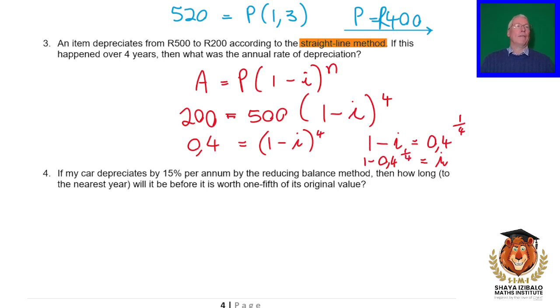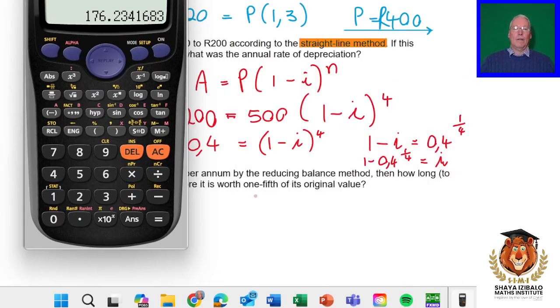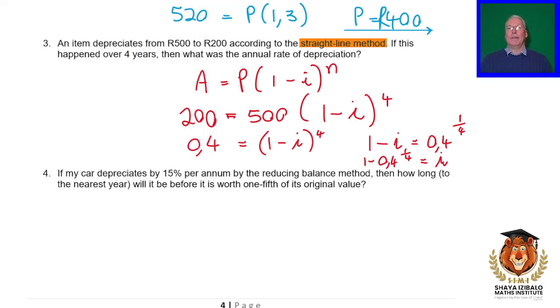Okay, let's work that out on our calculator. 1 minus 0.4 to the power quarter. And we get 20,48%. Okay, we're running out of space a bit here, but let's write it over here. I equals 20,48%.